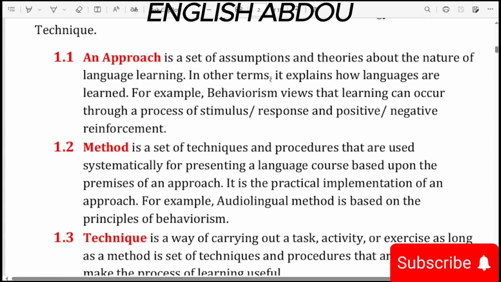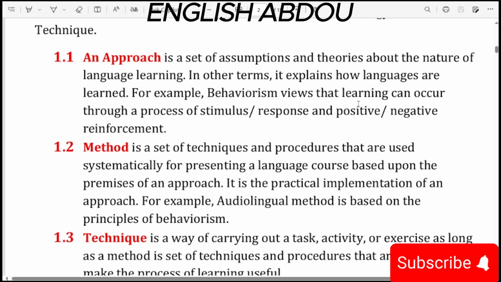For example, behaviorism is an approach or theory that views learning as occurring through a process of stimulus, response, and positive and negative reinforcement, as we have seen with Pavlov, Skinner, etc.